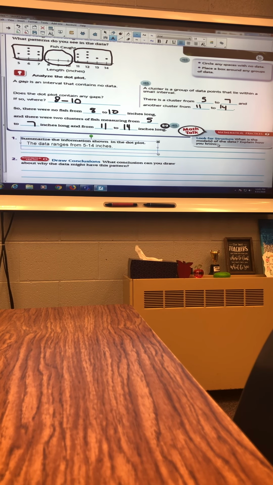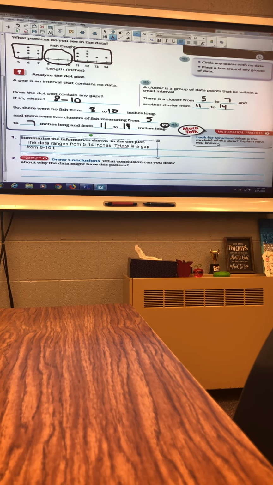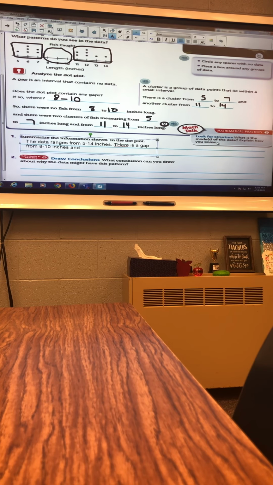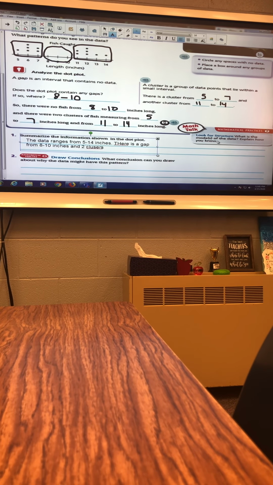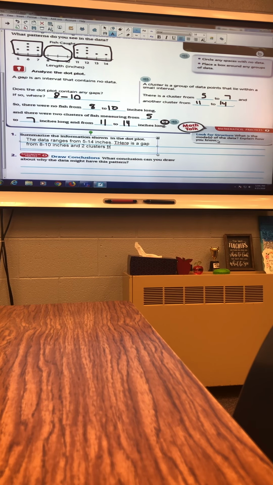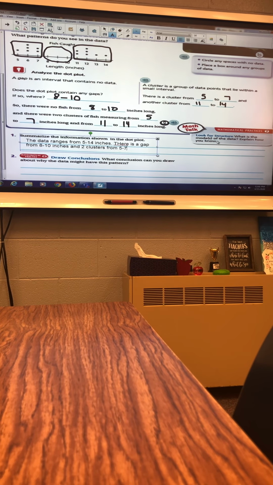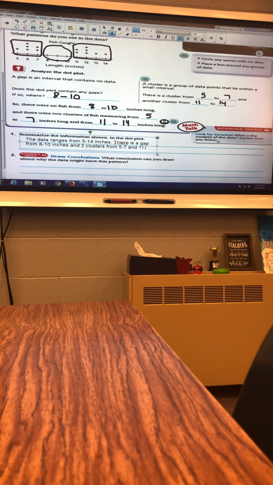There is a gap from 8 to 10 inches. And 2 clusters from 5 to 7 and 11 to 14.